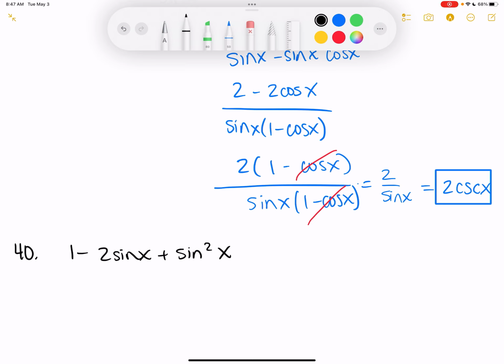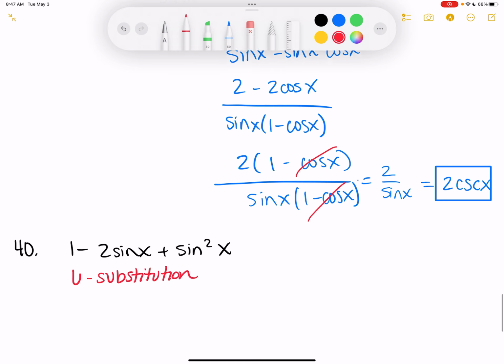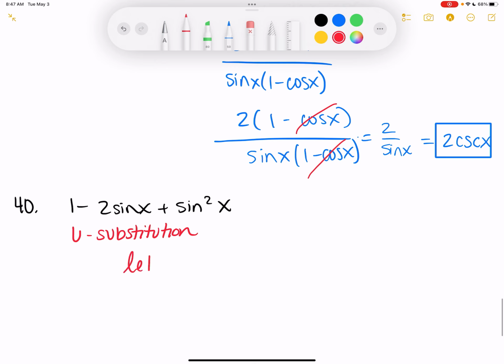You probably don't know how to do that with trig functions, so I'm going to teach you an easy way: u substitution. We're going to let u equal the sine of x.